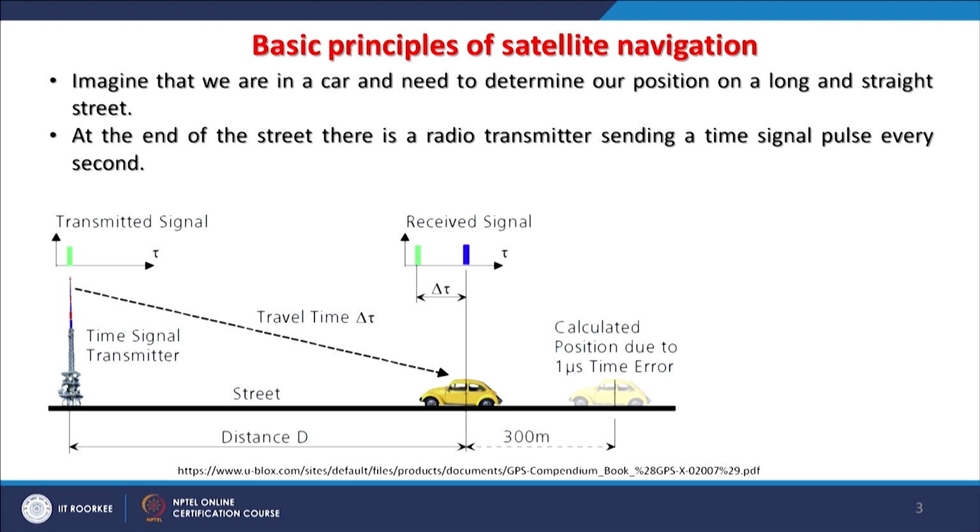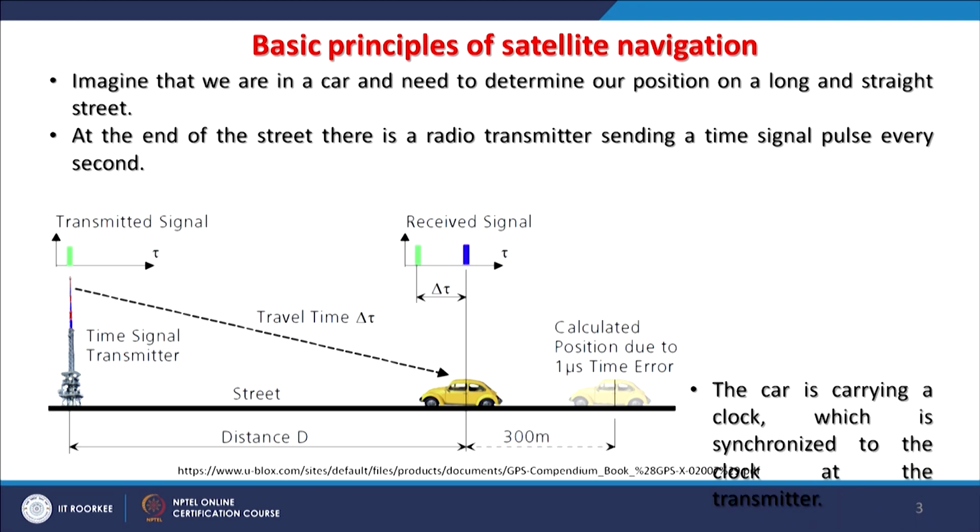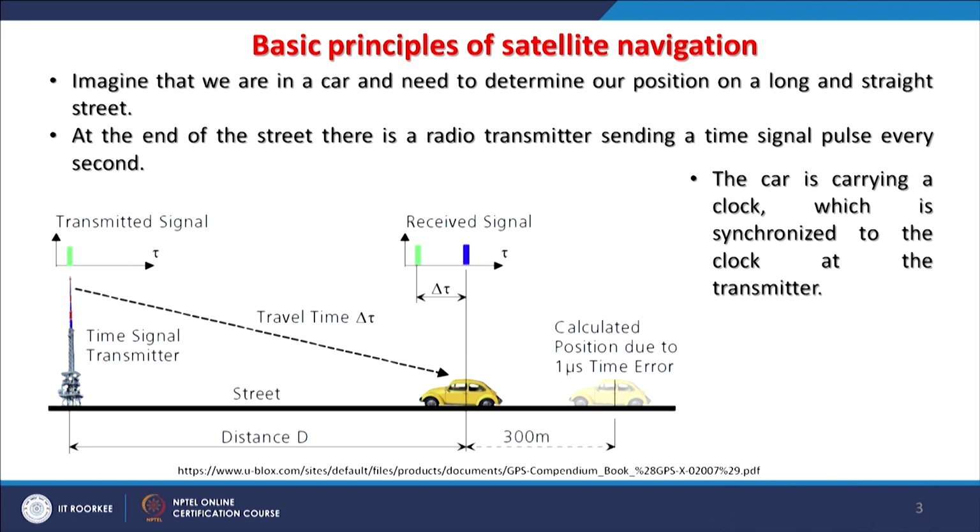The car also carries a clock, because the time the data was transmitted by the tower and the time the car received it are both needed. If it has a GPS receiver, as we have today, it already has a clock there. So the car carries a clock which is synchronized to the clock at the transmitter. Both clocks are synchronized, the clock in the car and the clock in the transmitting tower.